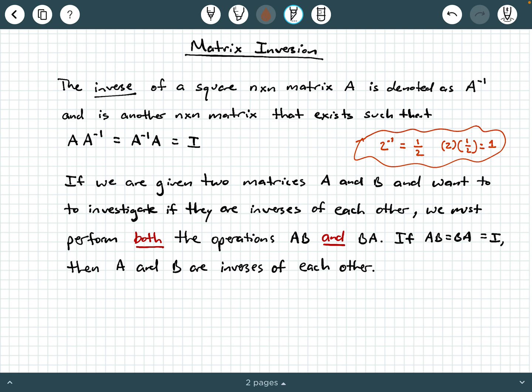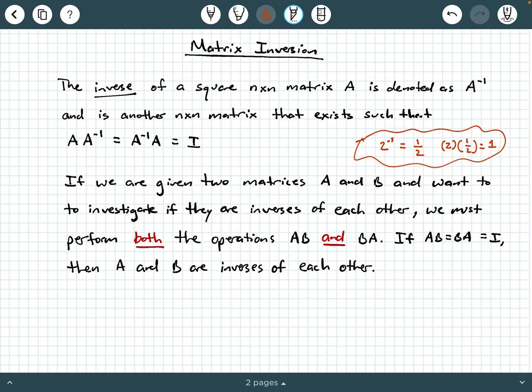If we are given two matrices, let's call them A and B, and want to investigate if they are inverses of each other, we must perform both of these following operations. We have to perform A times B, and we have to perform B times A. If A times B and B times A both equal the identity matrix, then we say matrix A and matrix B are inverses of each other.